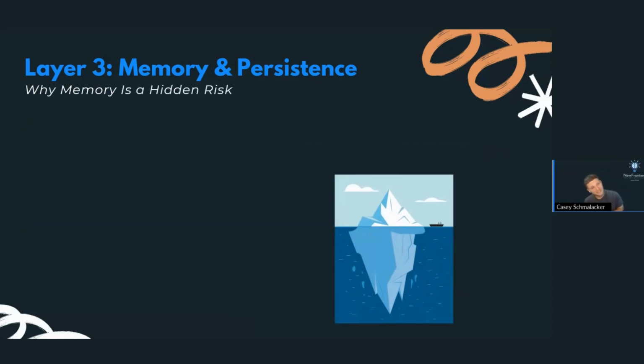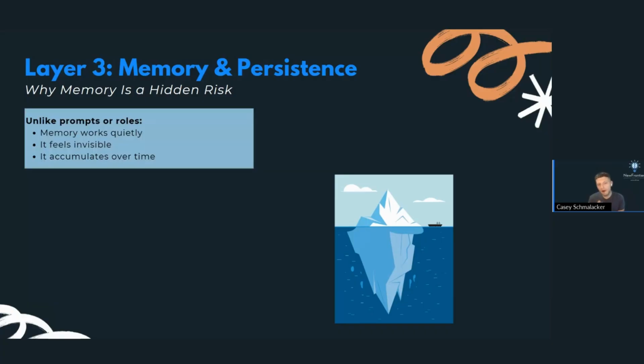So why is this memory piece a hidden risk? Unlike prompts or roles and global instructions, memory is working very quietly in the background. It feels invisible. If you don't know where to look for it, it's very hard to access them. And it accumulates over time.